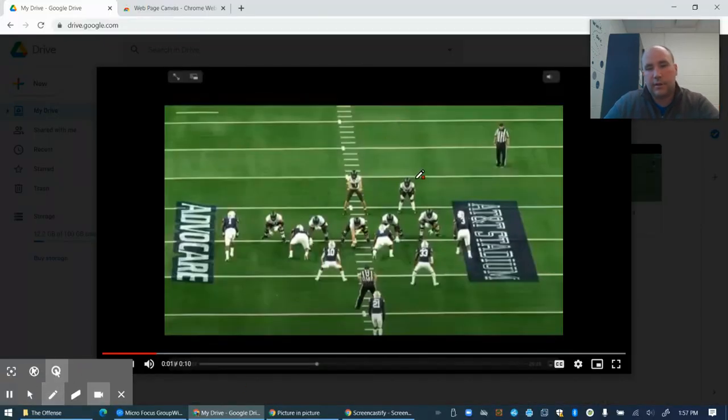So the first one we showed was pistol. This one is in the gun, obviously. You can do both. I think you should do both. So in this gun RPO situation, you're going to get a man-on-man backside here, okay? And in this picture, you're going to see a covered player, and an uncovered player, okay?